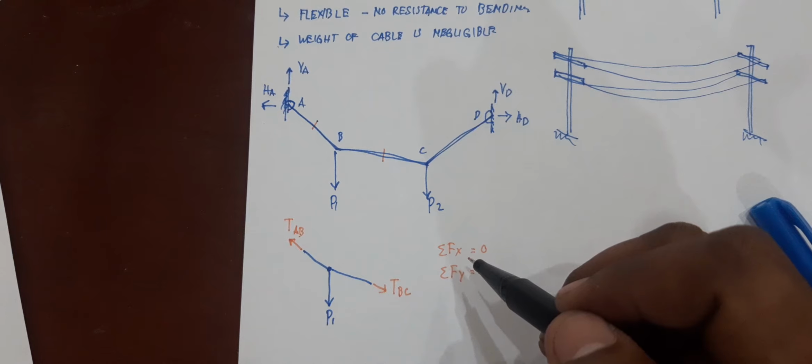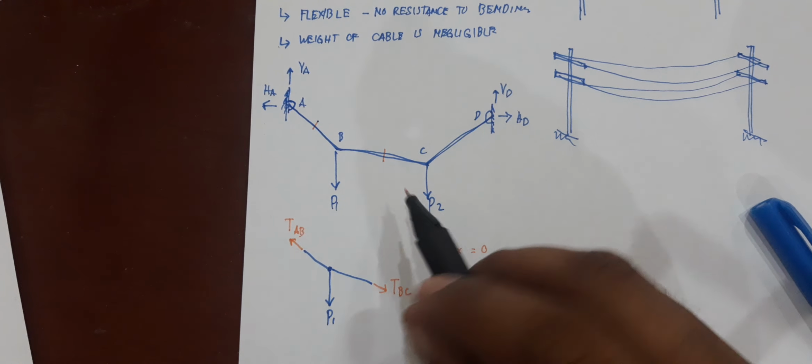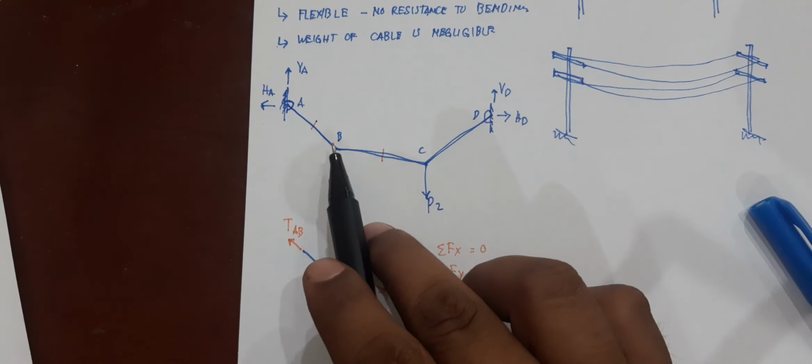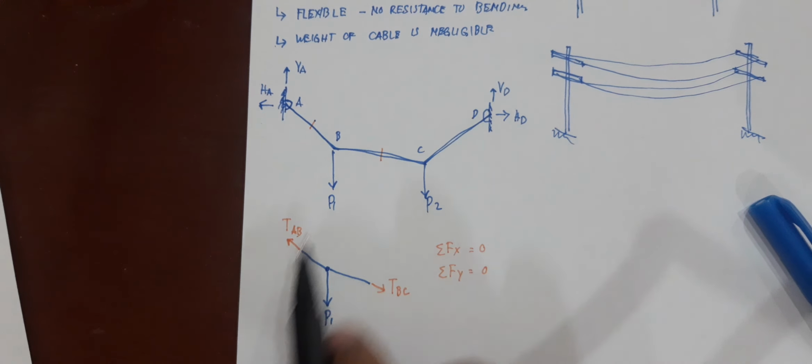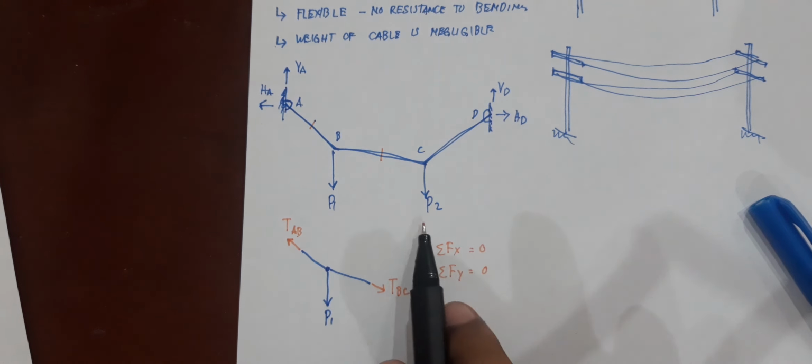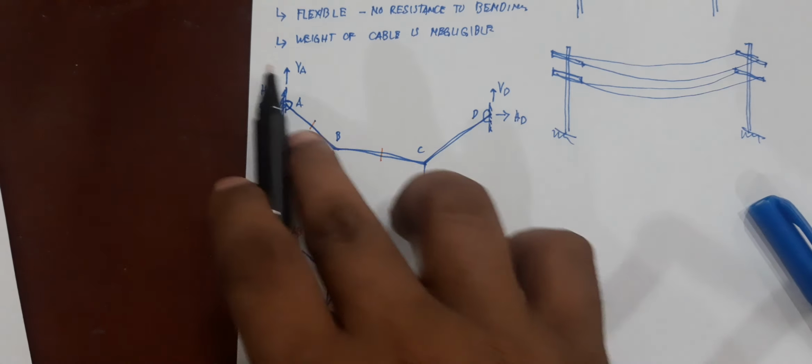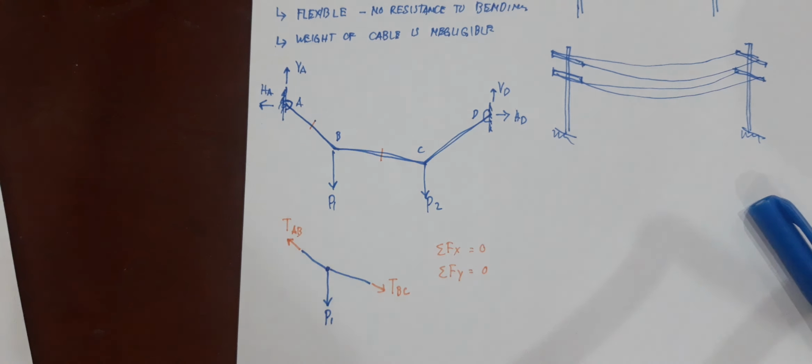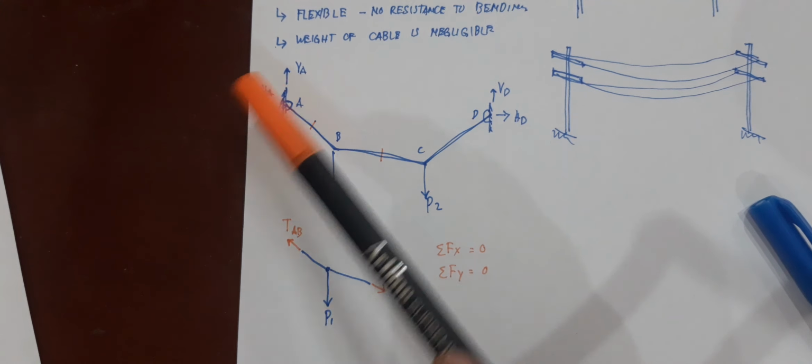You can do the analysis by joint or by points, or you can take the entire system as one free body to calculate the reactions at your supports.